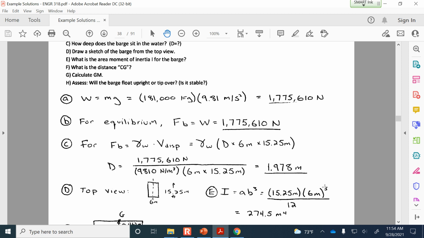What makes it the width versus the length is simply which is the lesser of the dimensions. So 6 meters is the width because it's the lesser of them, so that's the one I cube. That's the point of vulnerability for stability. It's more prone to tip over side to side than front to back.